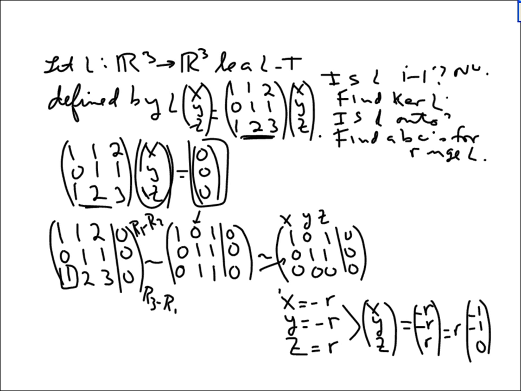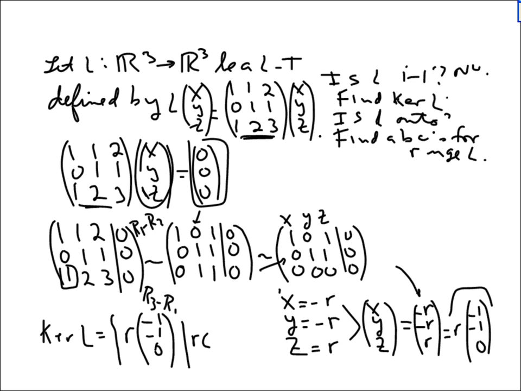That is the kernel. The kernel of L is the set of all vectors. Now, you can write down R, negative R, R, or you can write it this way. I prefer to write it that way. Negative 1, 0, such that R is a real number.